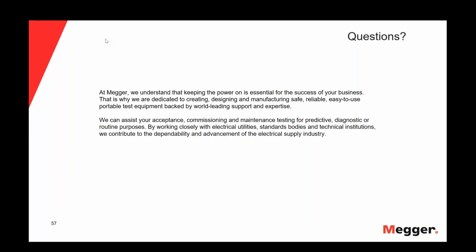IEEE, I'm not sure, they already include 69 kV cables, which is a little bit odd because IEC drew the line at 36 kV rated cables, and which also causes a little bit of confusion in the field, because we see an increasing number of 66 kV cables and so forth, and people are asking for VLF.